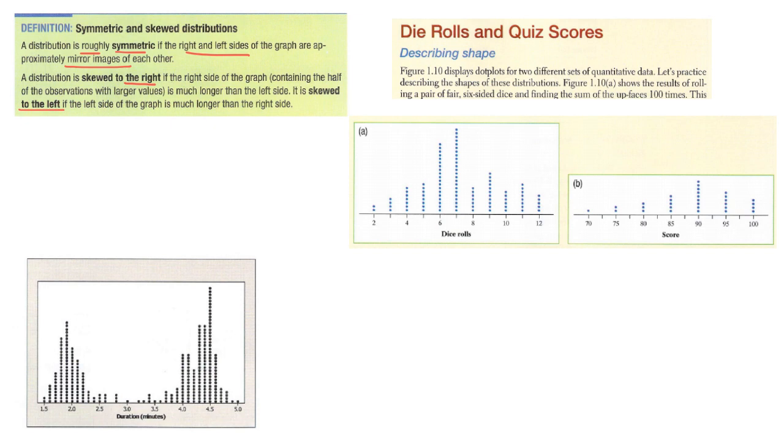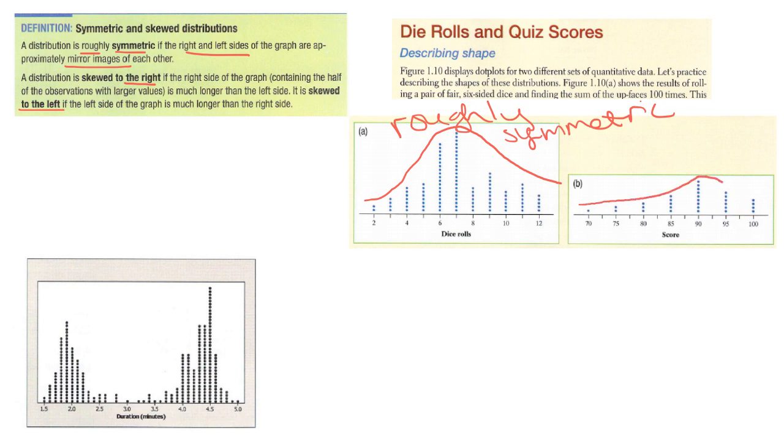If we look at this first graph here and roughly draw over it, it is roughly symmetric. The right and left sides are approximate mirror images of one another. If we look at the second graph, B, our peak is kind of off to the side. This one is actually considered left skewed, not right skewed.